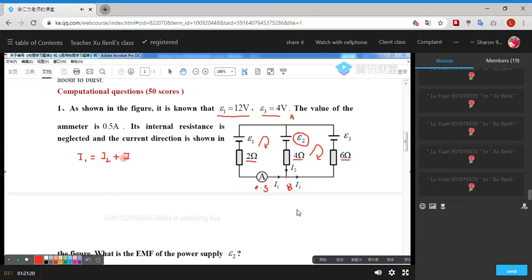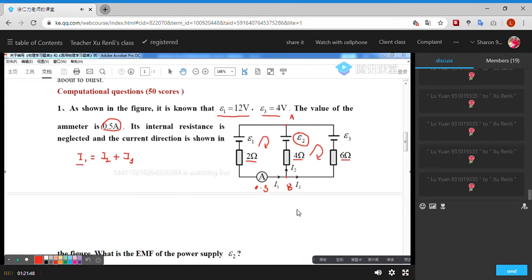This is equation 1. Here we do not know I2 and I3, but we know I1. I1 is 0.5, because the value of the ammeter is 0.5.